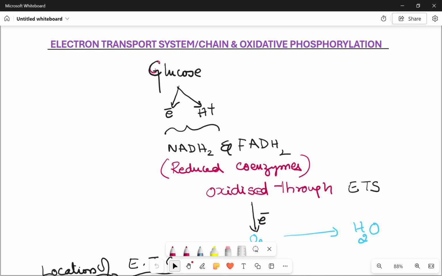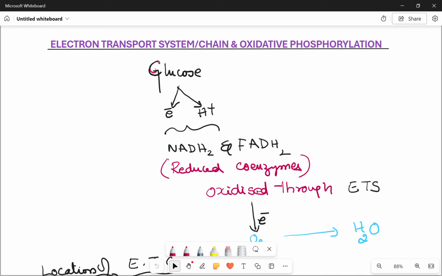From the glucose, the electrons and protons come out through oxidation. What is oxidation? Removal of electrons or hydrogens or addition of oxygen. Here there is no addition of oxygen. So there is liberation of electrons as well as protons.